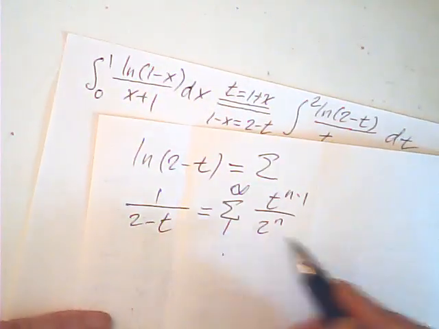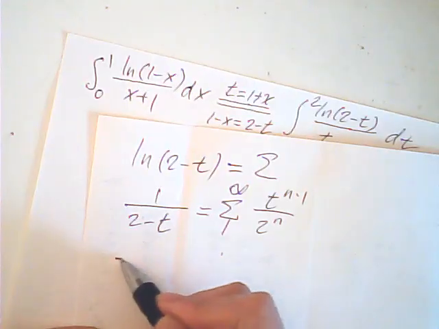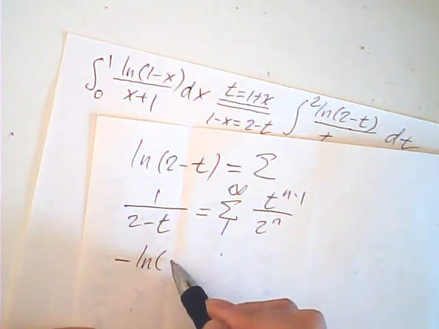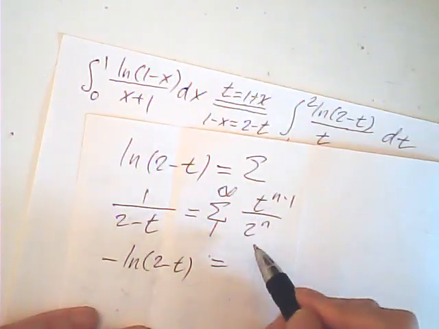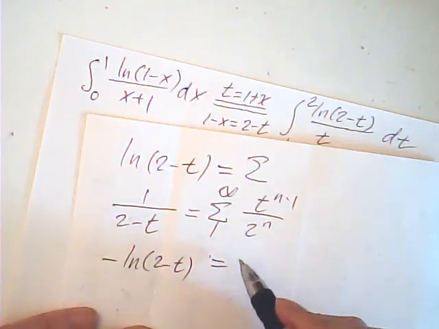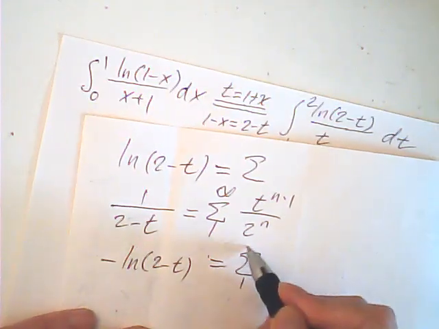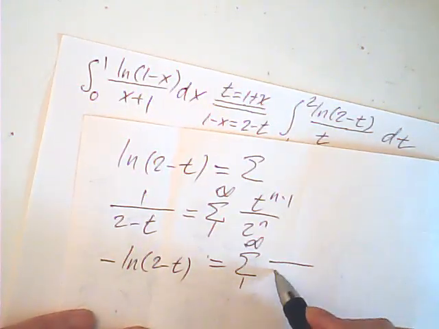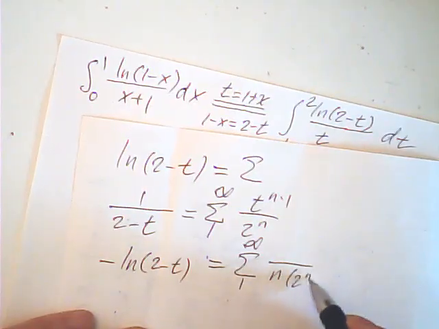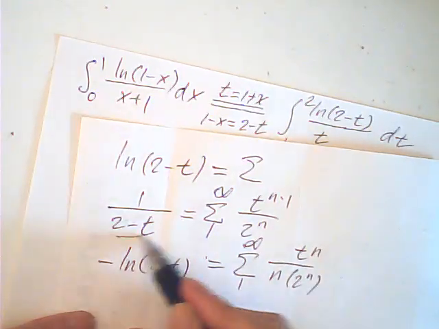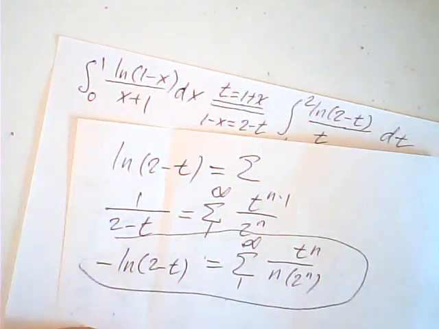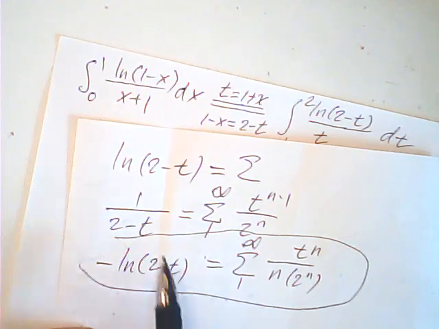Then integrate both sides with respect to t. So that is the expansion of log 2 minus t.